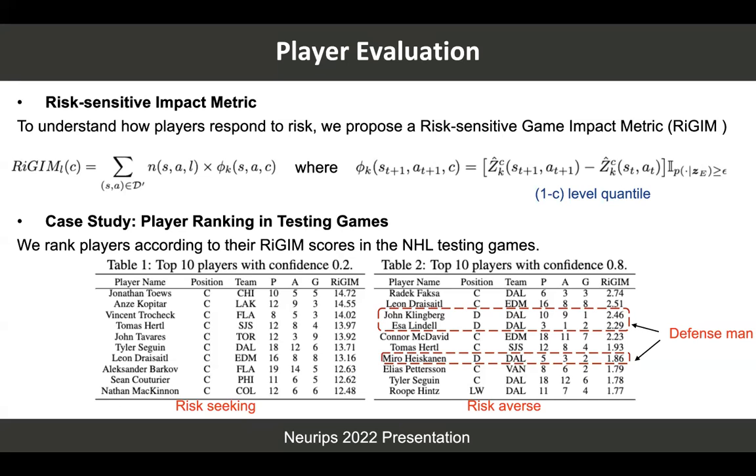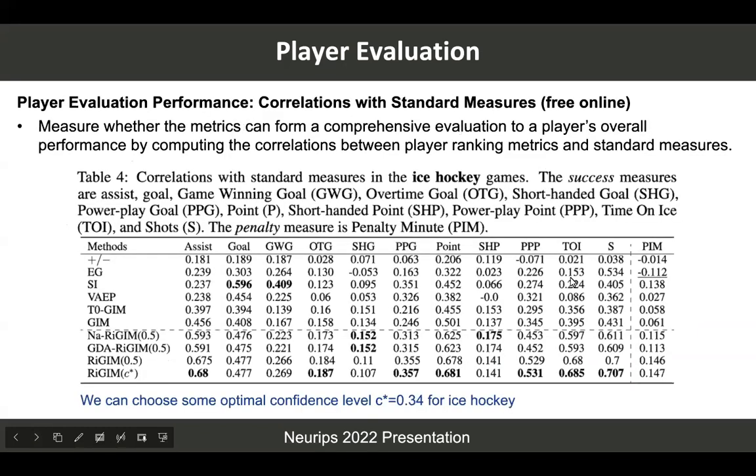And the other thing is, if we can avoid epistemic uncertainty, then we may get a more robust player evaluation. This is what we came up with when we designed the experiments.